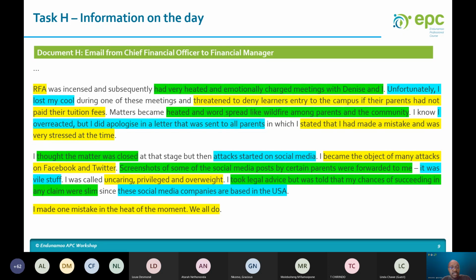You needed to also note that, well, if there is anything abusive by parents to the teachers, to the staff, it can be dealt with by inviting parents to a meeting, discussing the offensive remarks, receiving feedback.